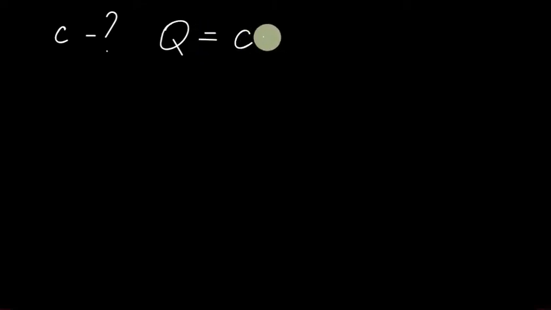Specific heat capacity is written as small c. We are asked to express specific heat capacity in base SI units. So we know a formula where heat is calculated as C times M times delta T. So this is temperature, this is mass, this is specific heat capacity, and this is heat in joules.